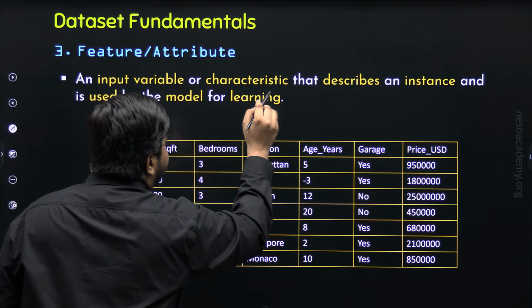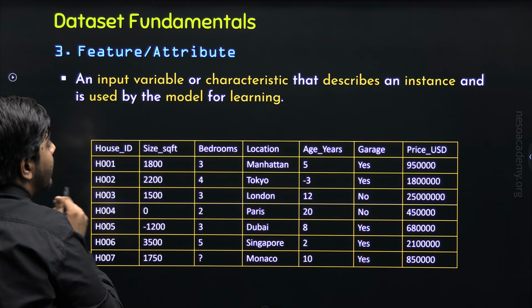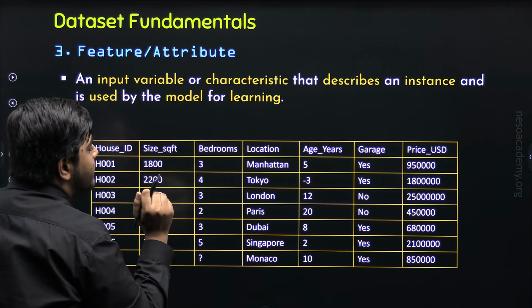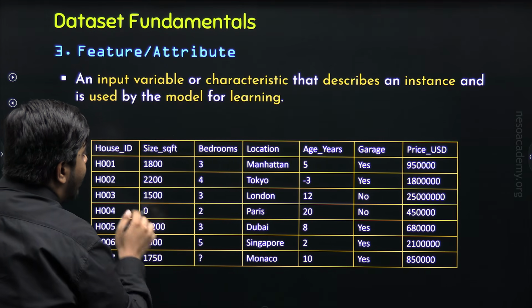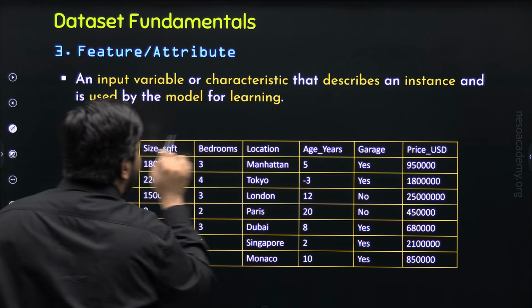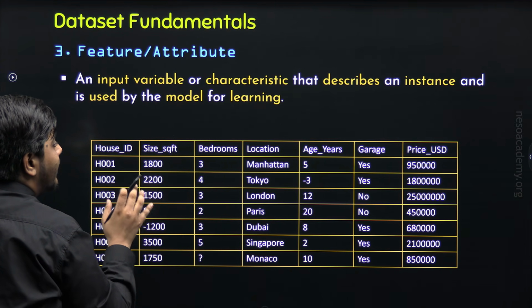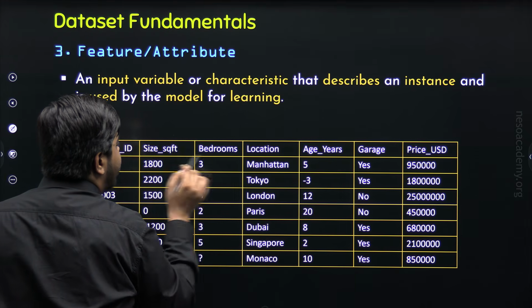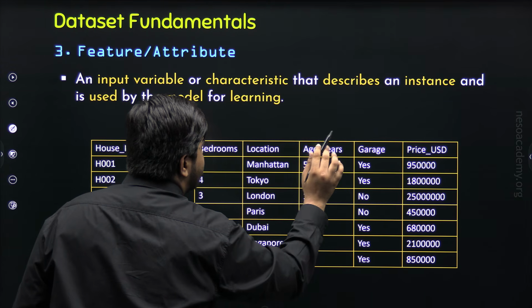A feature is the characteristic that describes an instance. We have just understood that features are the characteristics that describe an instance. Like, these all are the instances of this dataset, and these are the features that are used to describe an instance. So the houses are described by features like house ID, size SQFT, bedrooms, location, age years, and garage.